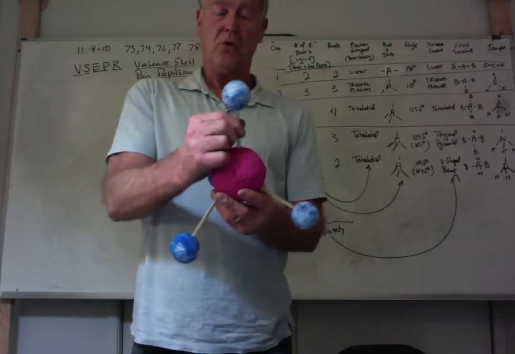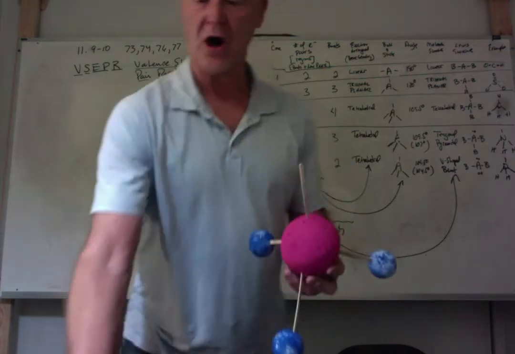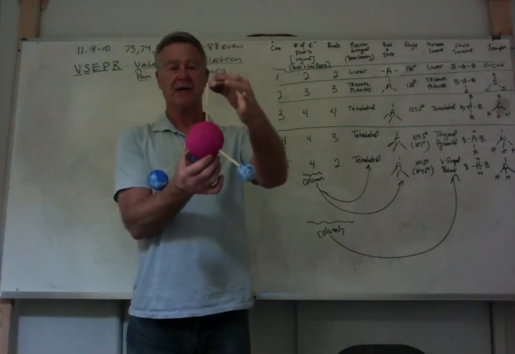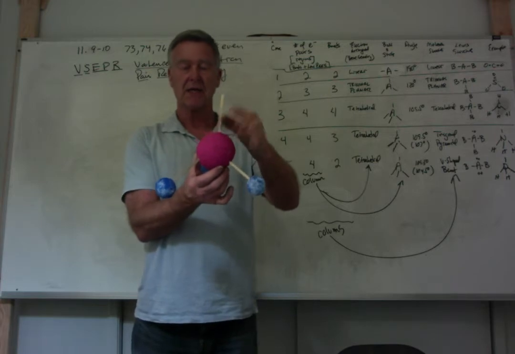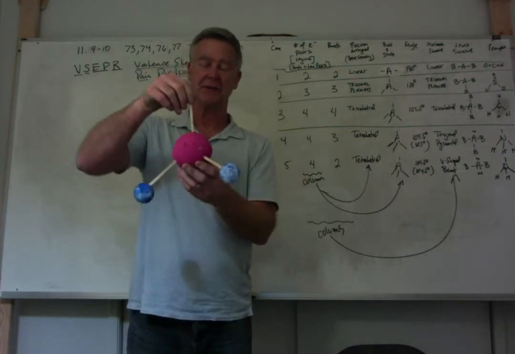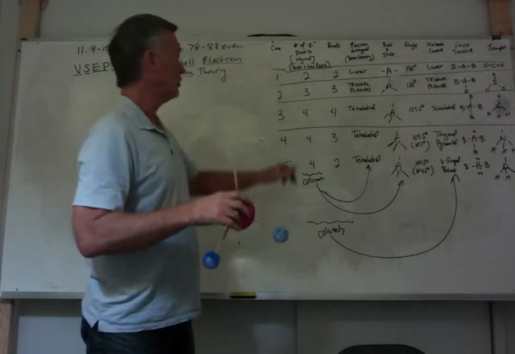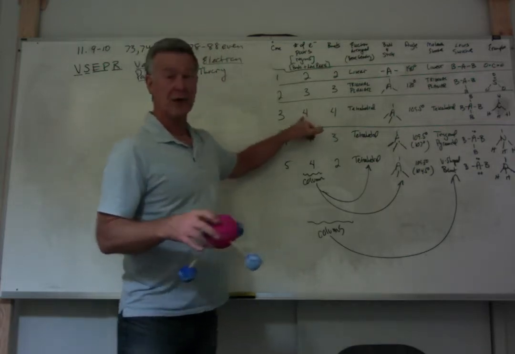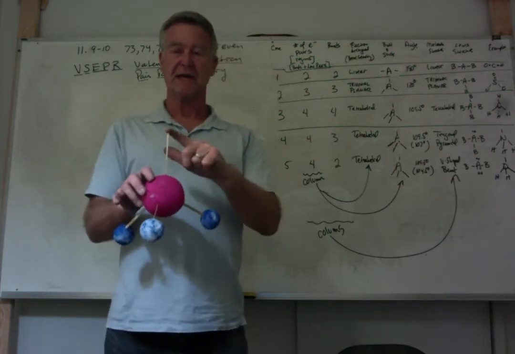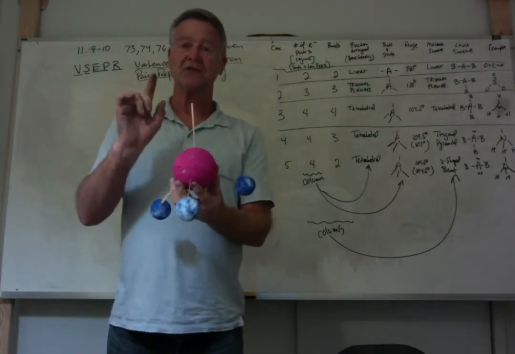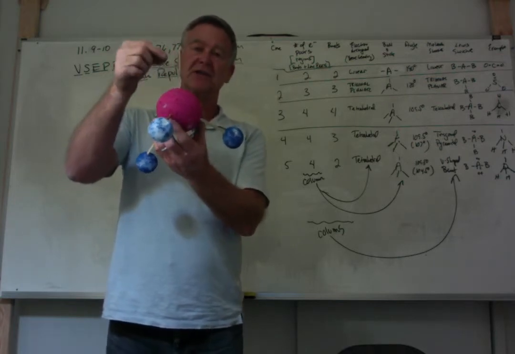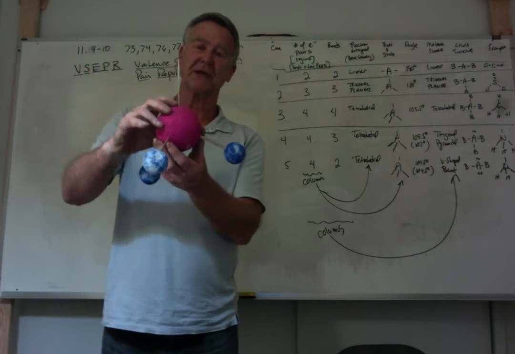Now, when we pop this one off, even though there is not an atom there, this stick, representing a pair of electrons, is still a negative region. And I still have four electron pairs. Three that are single bonds in this case, one that's unpaired. What's really interesting is that this one will be more concentrated close to the center.